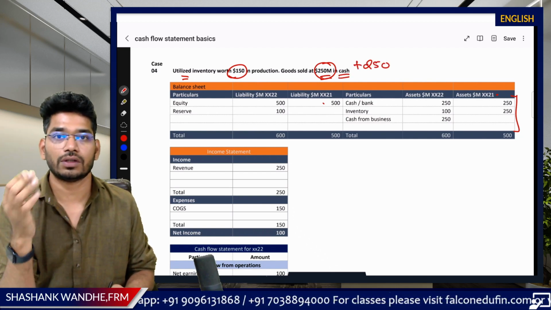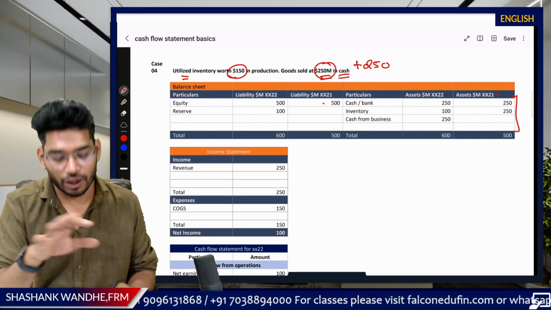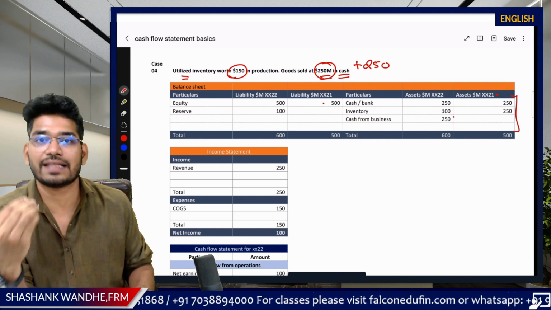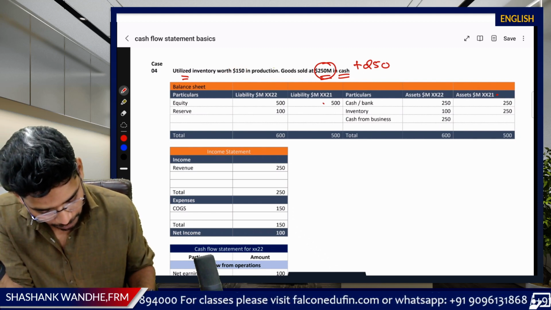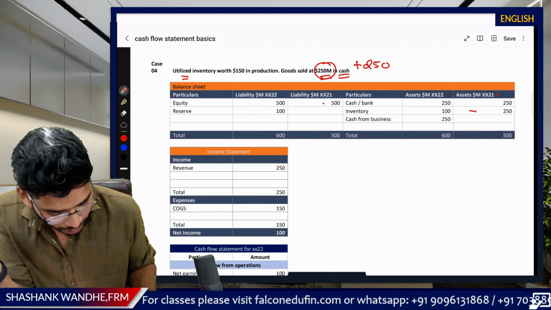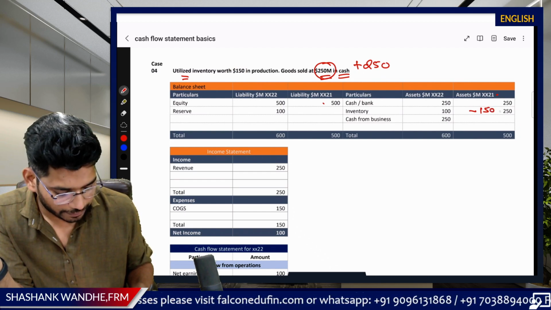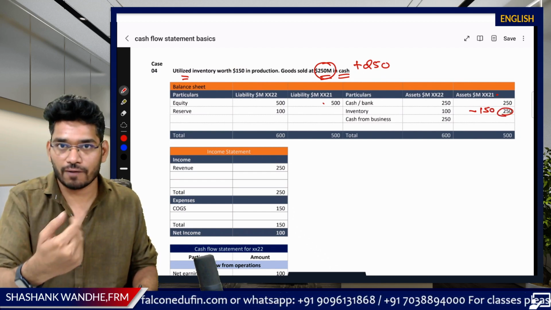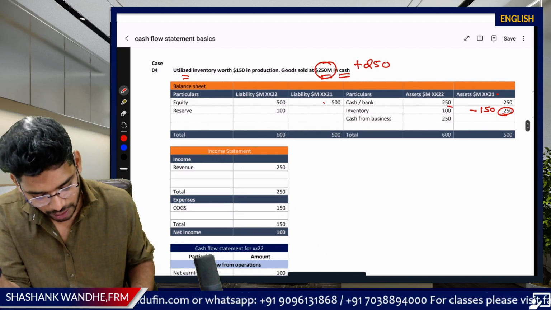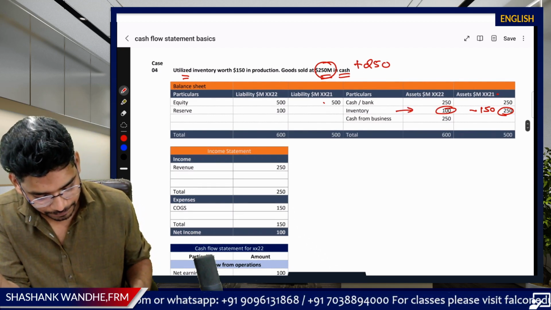Cash inflow. In cash outflow, there is no cash outflow. Remember, we just utilized inventory. Now, from the inventory part, we utilize 150 from these 250. So 250 minus 150, you will get 100 million of inventories left here.